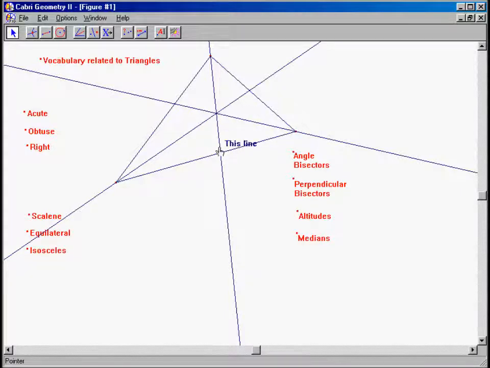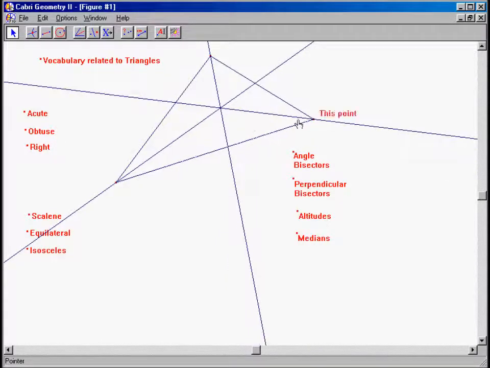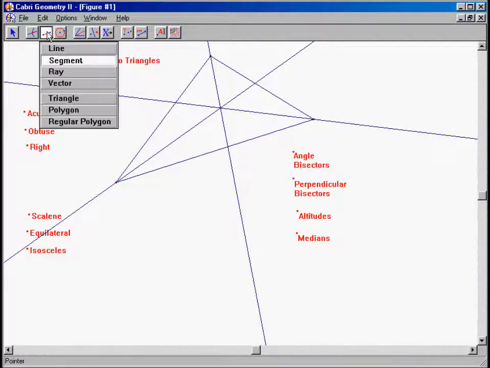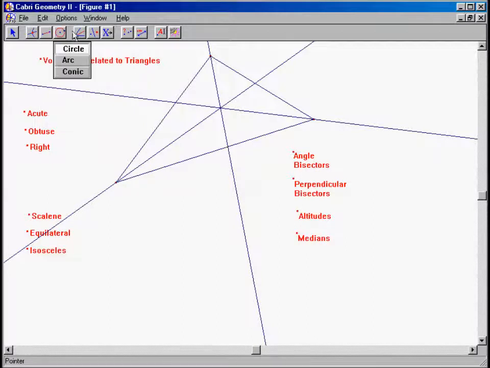Now the distance to the side is the shortest distance to the side, and you can see that the shortest distance from where these angle bisectors meet to this side is not along the angle bisector. It has to be the perpendicular distance. So I'm going to have to construct a perpendicular line through this point.